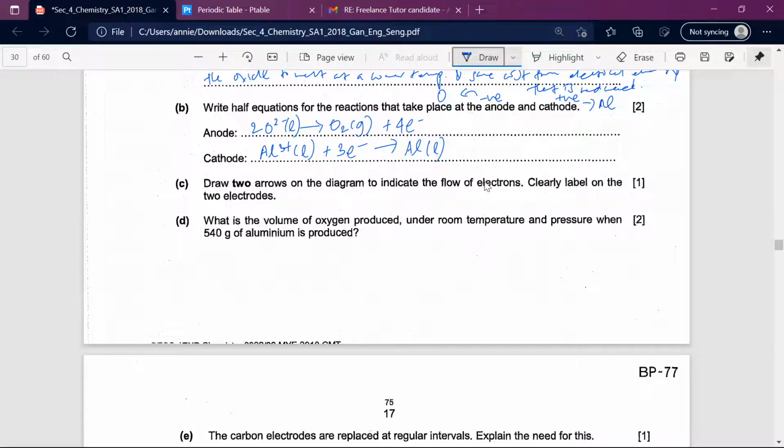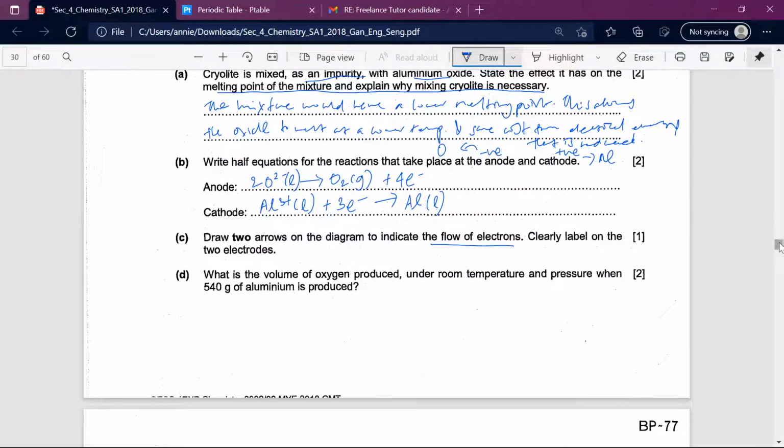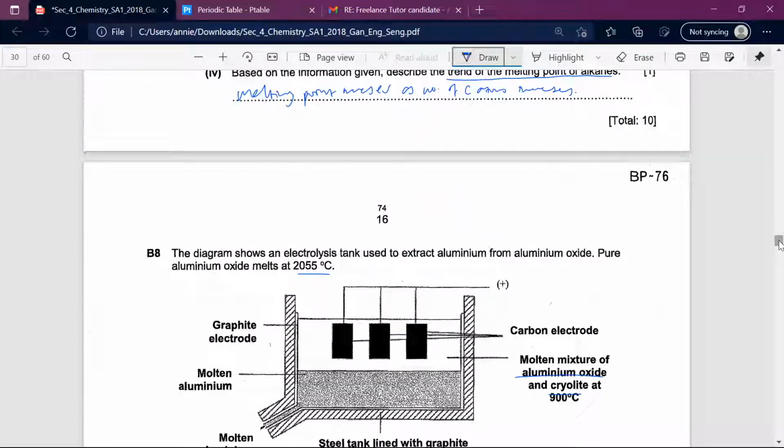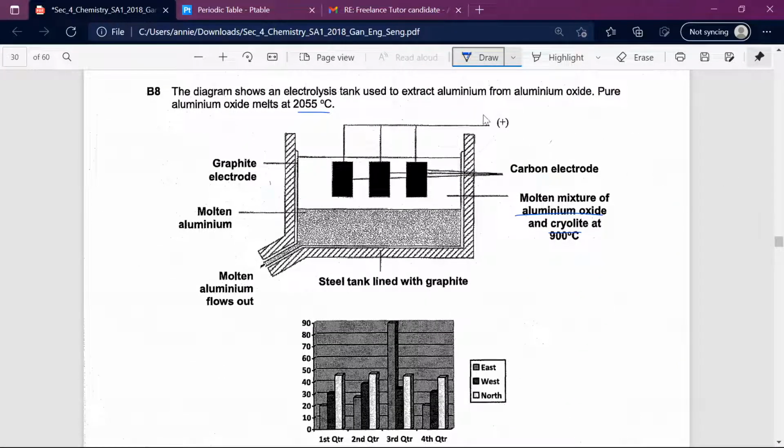Draw two arrows on the diagram to indicate the flow of electrons, clearly label on the two electrodes. Okay. So let's look at the flow of electrons here. So here is the electrode, and you have a line that goes in here, I believe, and this will be negative.